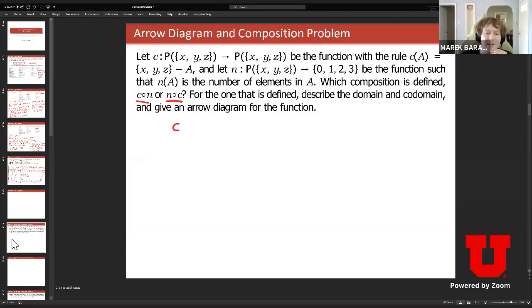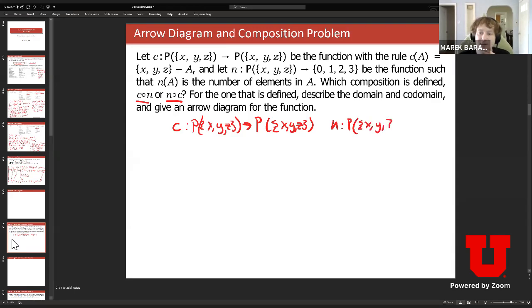So basically we have C goes from P, the power set of X, Y, Z, to the power set of X, Y, Z. And we have N, which takes elements from the power set of X, Y, Z to N, to these numbers here.